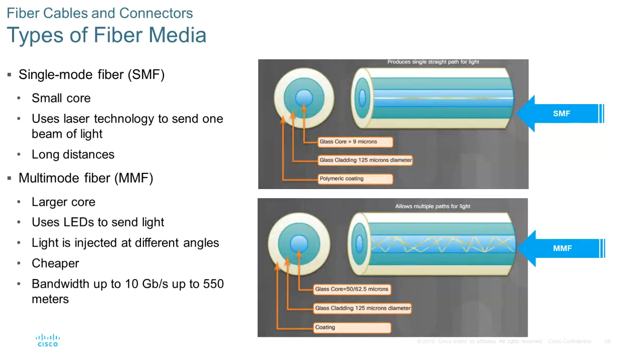Multi-mode fiber allows you to inject multiple sources of light, so it can use more bandwidth, but over a shorter distance. So you've got lower bandwidth, longer distance, or higher bandwidth, shorter distance.